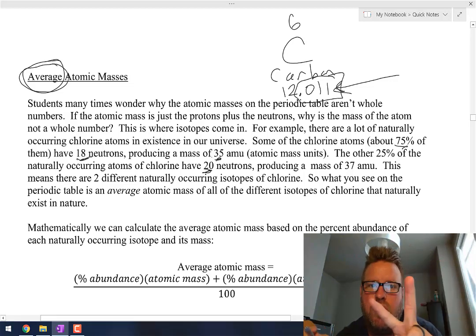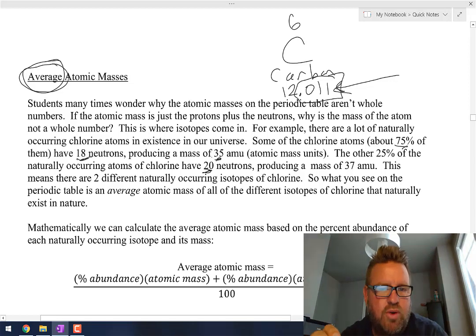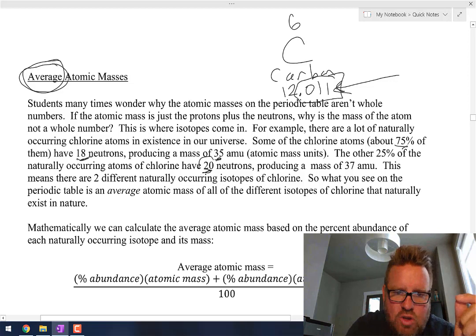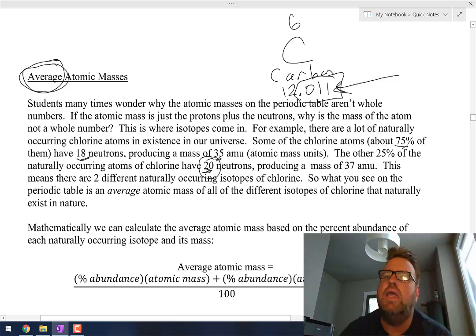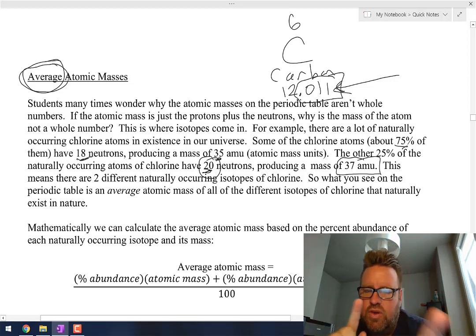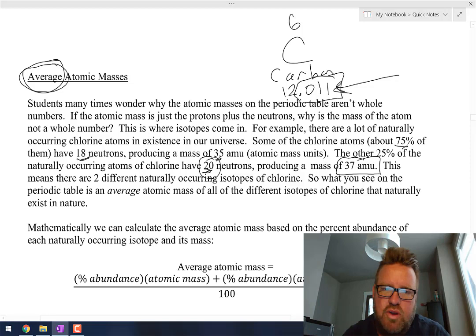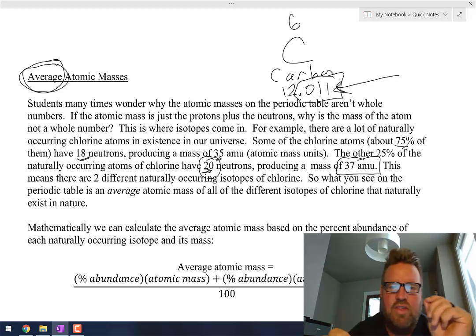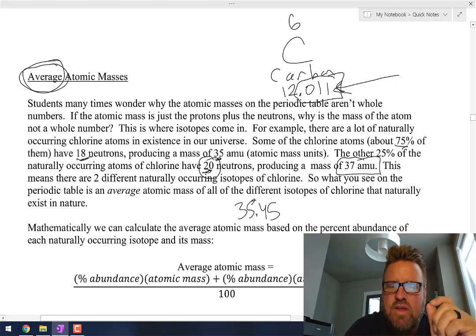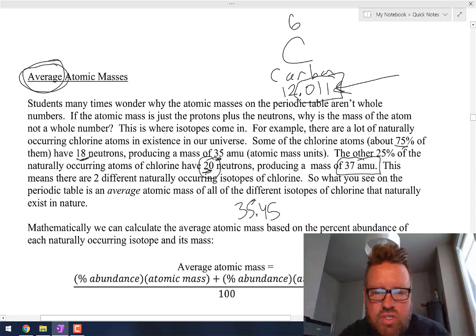So there's 2 isotopes of chlorine that naturally exist. So if one of those isotopes has 20 neutrons, again, plus the 17 protons, gives you a mass of 37. Okay, so you can see that there are 2 naturally occurring isotopes of chlorine, and this number on the periodic table, which is about 35.45, is an average of those 2.